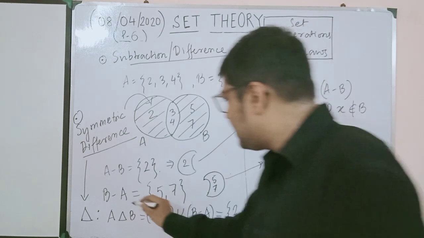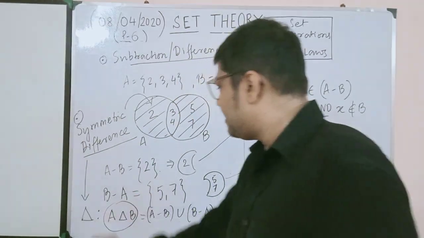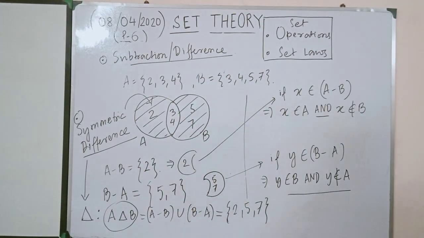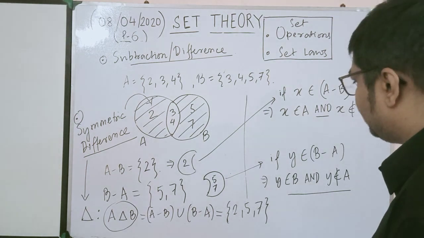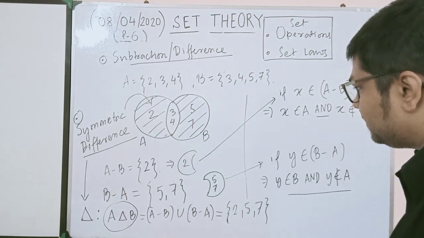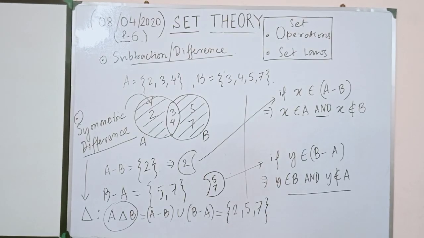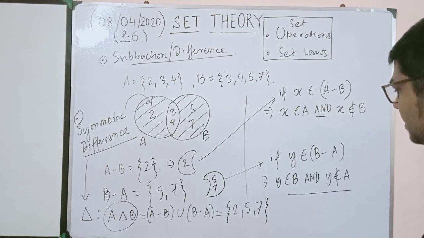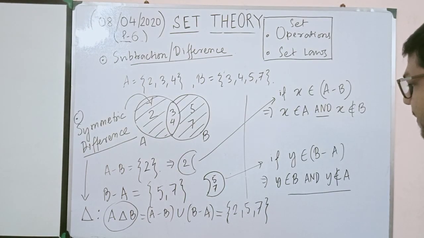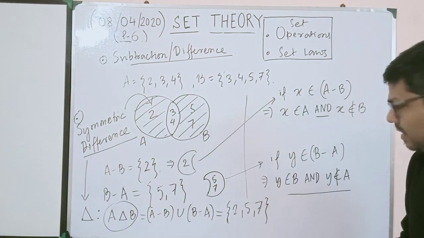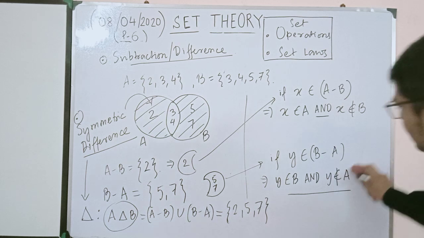That is actually the meaning of A delta B. Okay. So if we try to show the symmetric difference by 2, 5, 7, this will be the thing. Another way also we can show it, I'll erase this and show you.